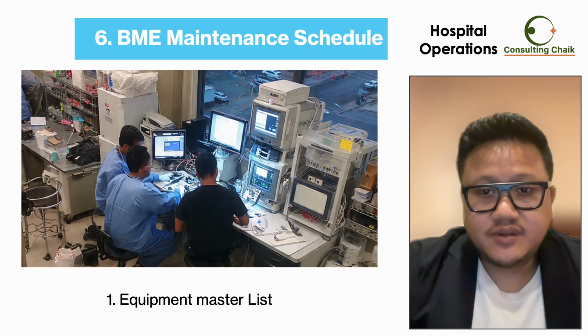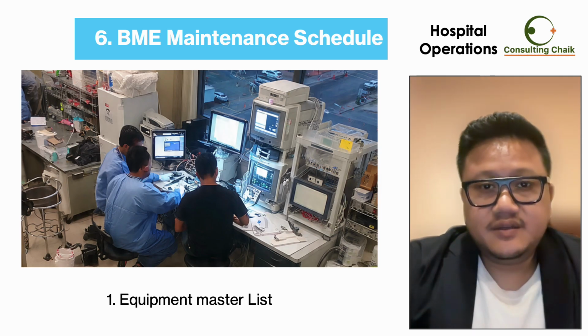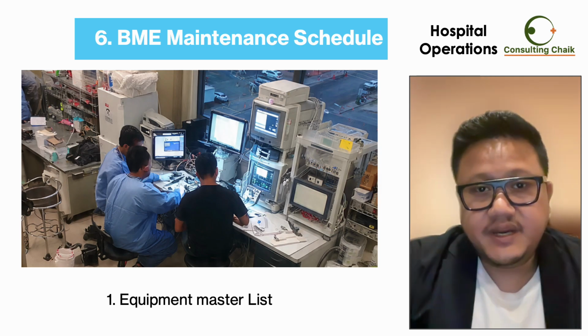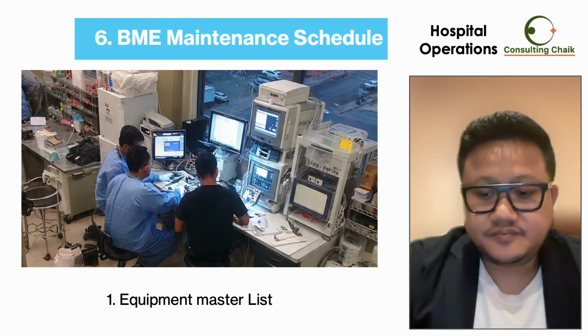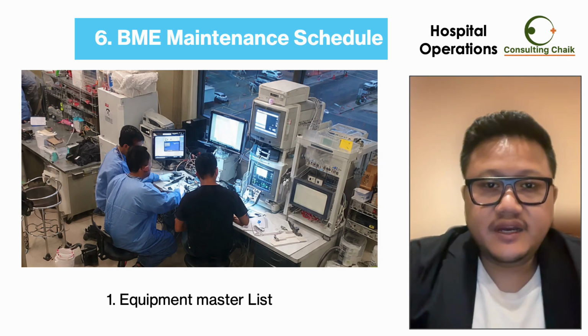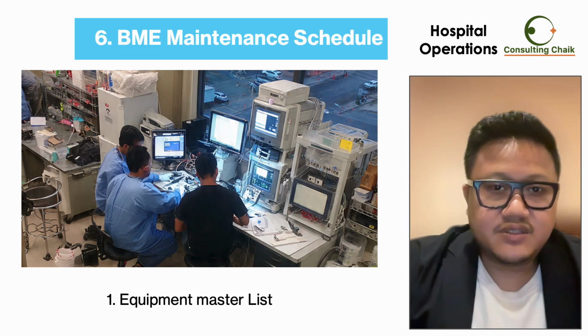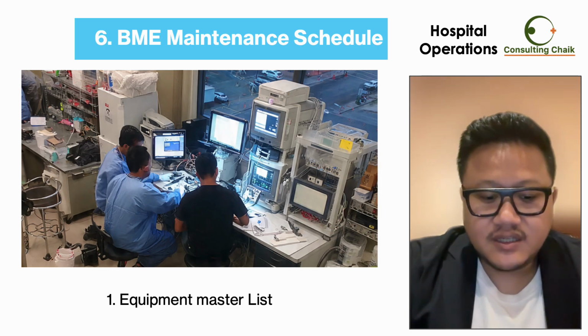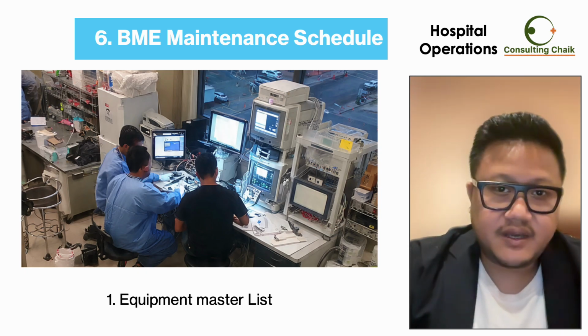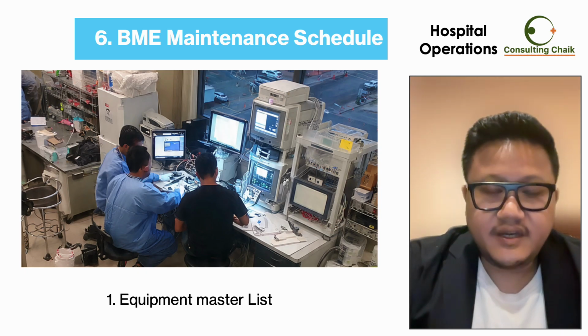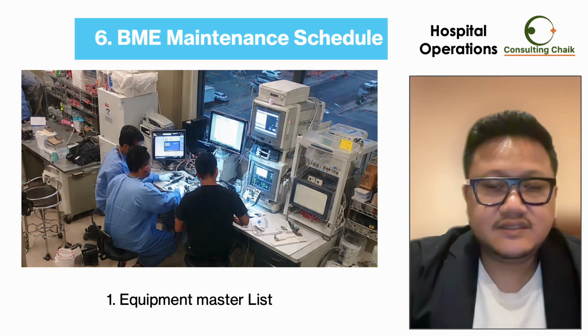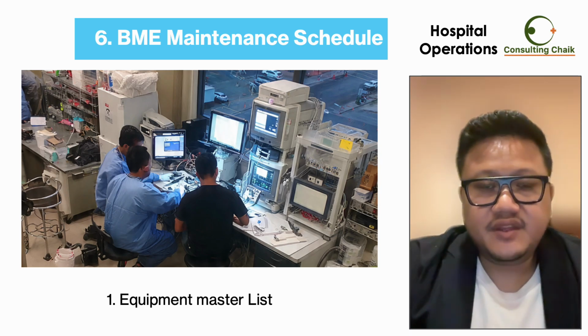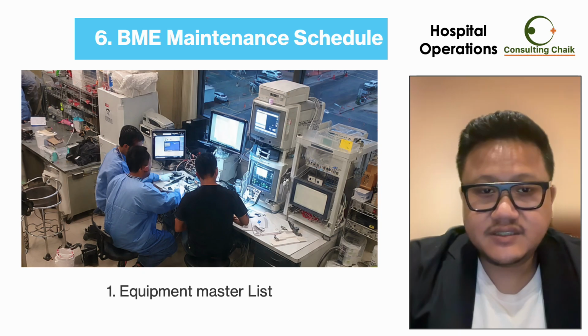So first, they should have a very robust, complete and updated equipment master list, where they have all the details about whatever equipment is there in the hospital with proper code, when it was purchased, who the supplier is, the concerned person of the supplier, their phone number, where it is located, all details, the serial number of the equipment, everything should be there in the equipment master list.